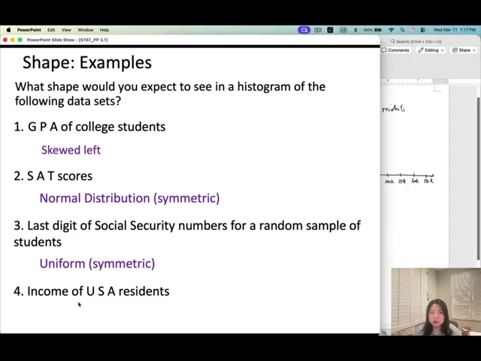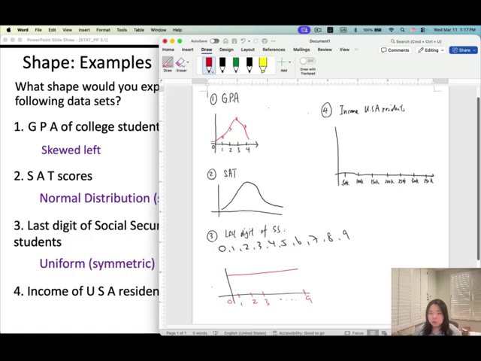Last one, income of United States residents. So think about it. I would roughly put in the numbers here: about 50,000, 100,000, 150,000 until 350,000. Usually people's salary will be somewhere here, right?